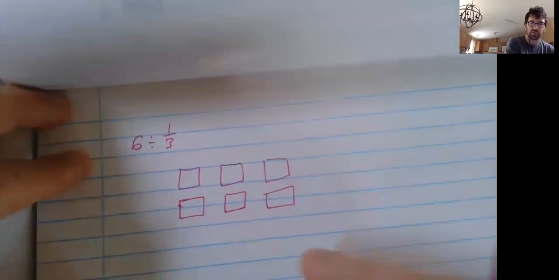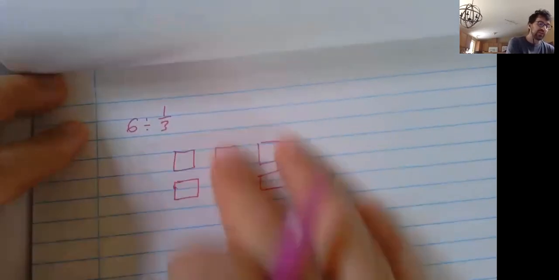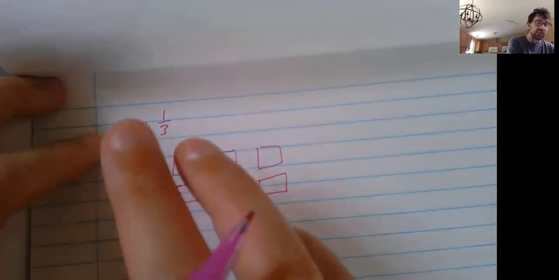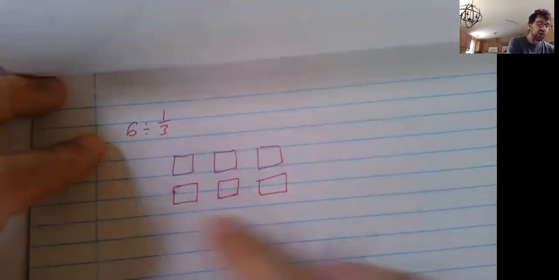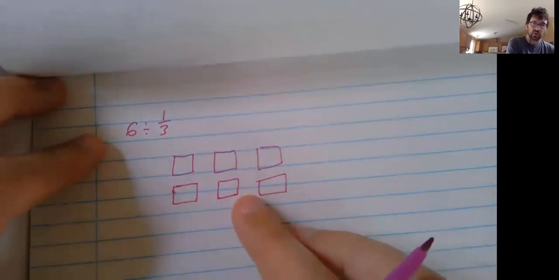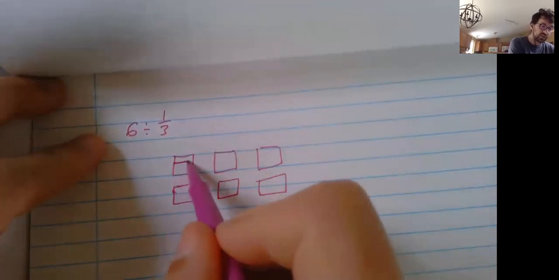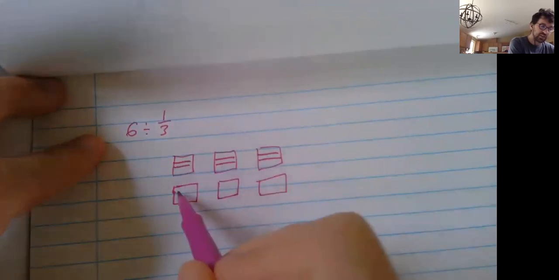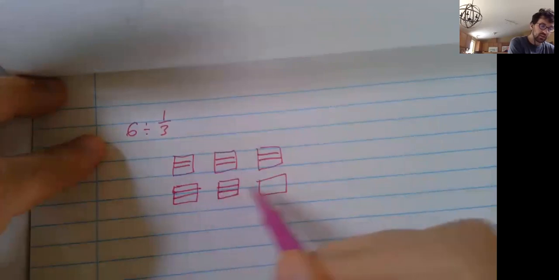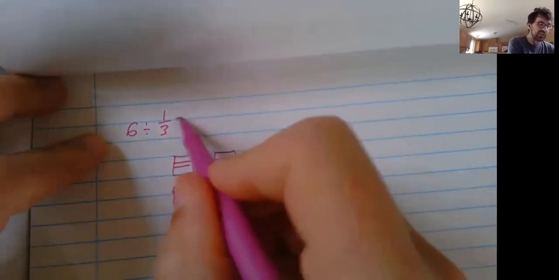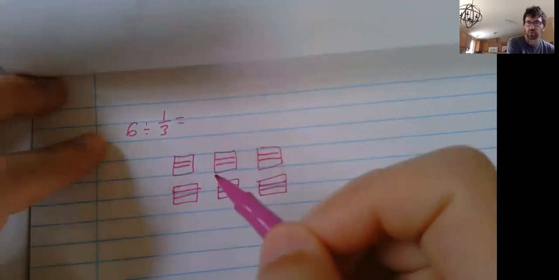If we have 6 divided into thirds, it's important to think that we're not dividing these into thirds, we're dividing each one into thirds. That's the concept here. And so this has given us the total number of 1/3 groups.